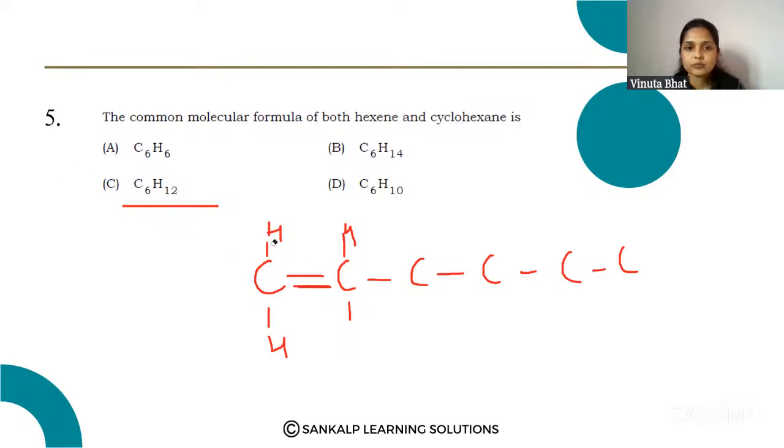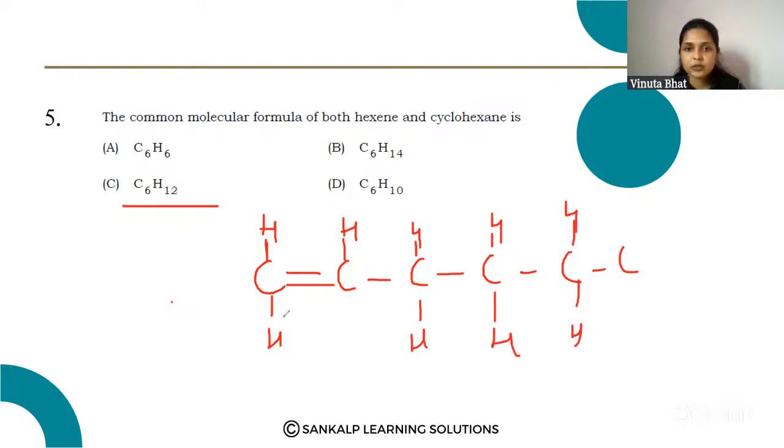So here we will add the double bond, with only one H on those carbons, and H on the others, totaling 12 hydrogens.